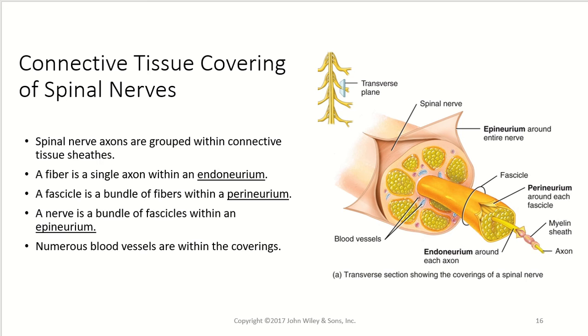The fascicle is going to be a bundle of fibers within a perineurium. And then a nerve is going to be a bundle of fascicles within an epineurium. And then blood vessels are going to be found within these connective tissue coverings. So this is sort of what holds it all together to make one big unit of a nerve.